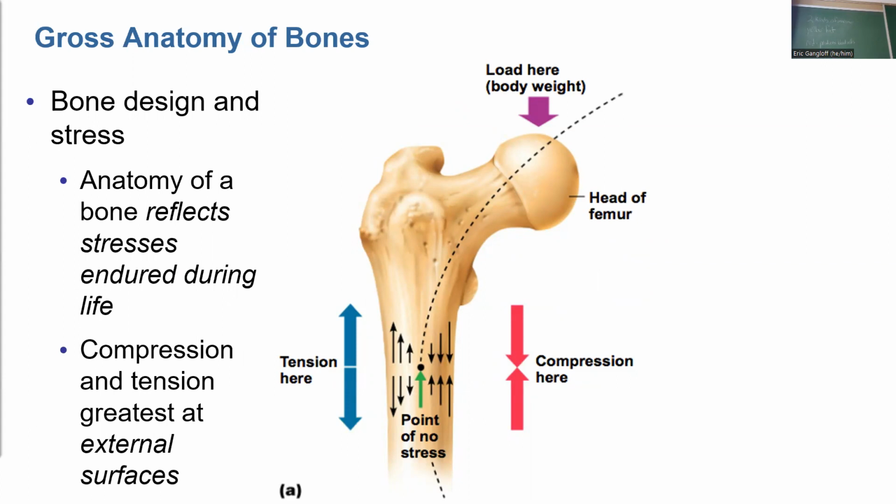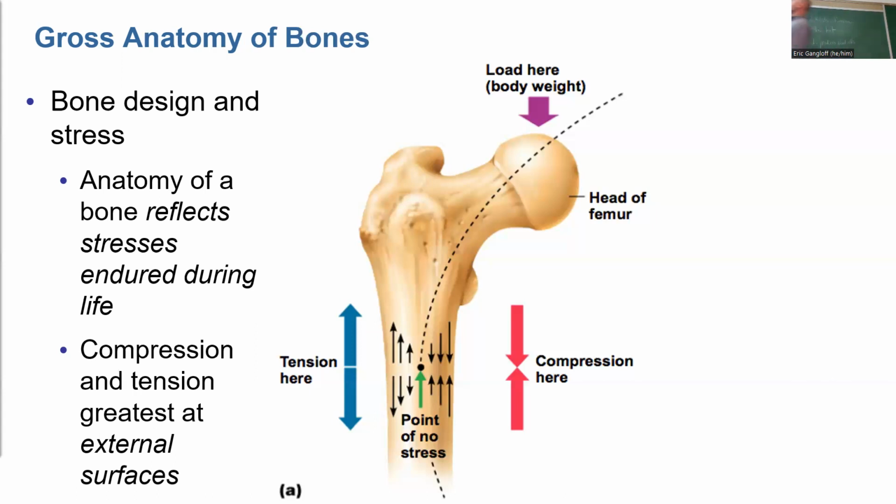The way that the bone develops, both internally and externally, allows the bone to withstand a great amount of pressure, and it develops in a way that it can withstand the pressure based on how that pressure comes. In this case, the load of your body is pushing down on the head of this femur, and without getting too much into the physics of it, the internal bone structure creates this arch that allows that force to be distributed in a way that the bone can handle extremely well.